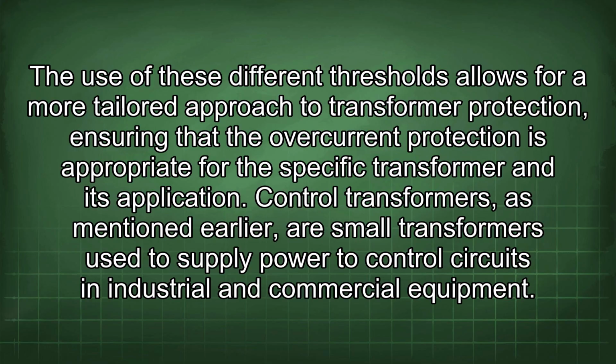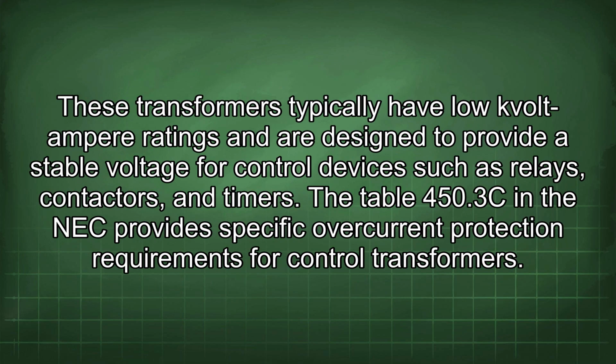Control transformers, as mentioned earlier, are small transformers used to supply power to control circuits in industrial and commercial equipment. These transformers typically have low kVA ratings and are designed to provide a stable voltage for controlled devices such as relays, contactors, and timers. Table 450.3(C) in the NEC provides specific overcurrent protection requirements for control transformers.